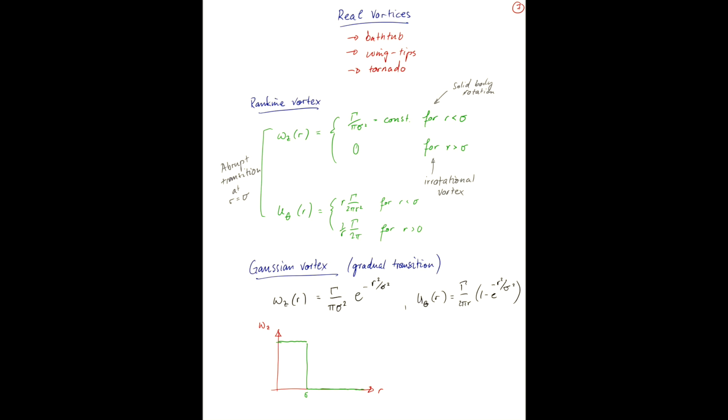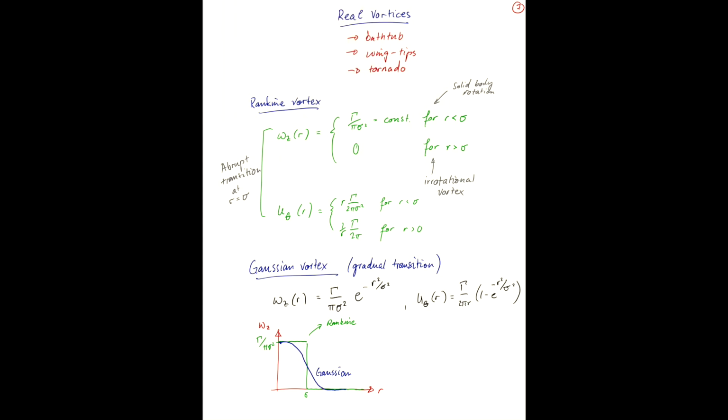And this top value here is gamma over pi sigma squared, so that's Rankine. And the Gaussian one is just a smooth version of this. That's the Gaussian. And sorry, there was a typo up here. This is of course sigma squared, not r squared.